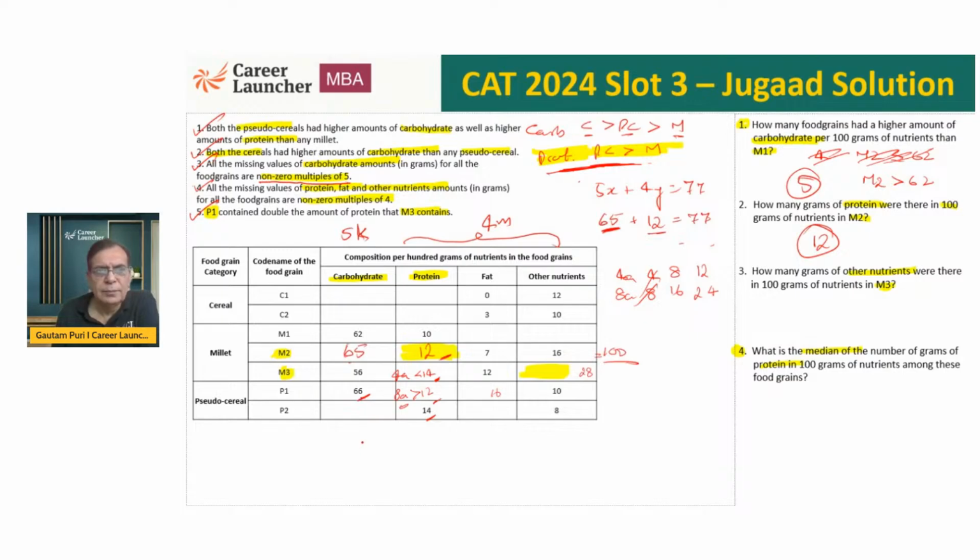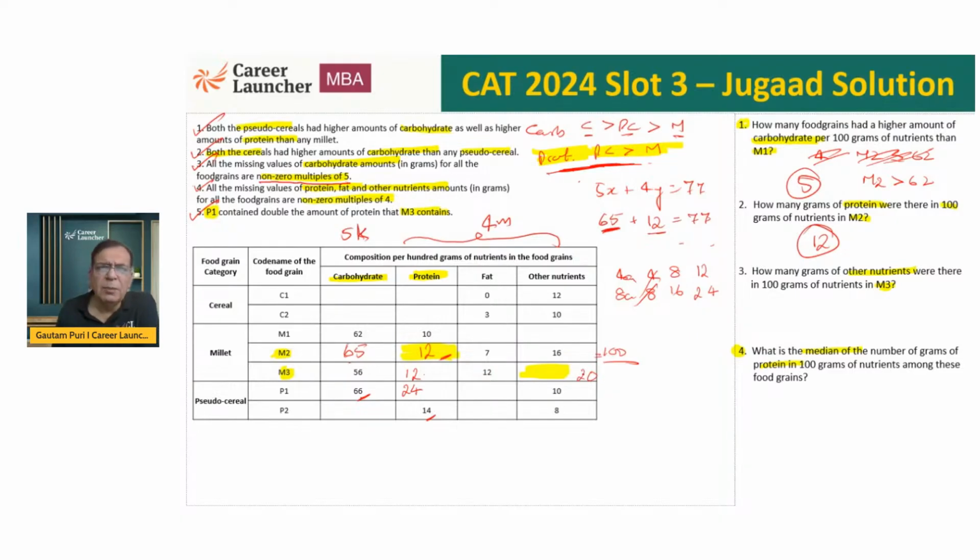Now what will happen if these are 12 and 24? Let's just look at these. What does it become? 56 plus 24, 60, 70, 80.